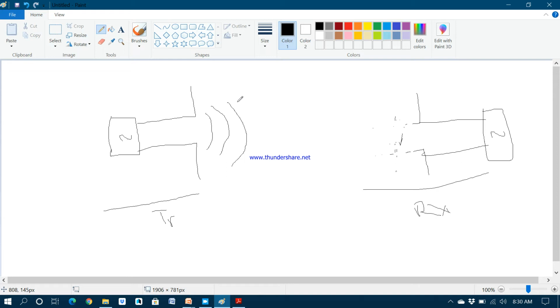It is a link between the free space and a transmitter, or a link between a free space and a receiver. So this is the basic structure of the antenna.